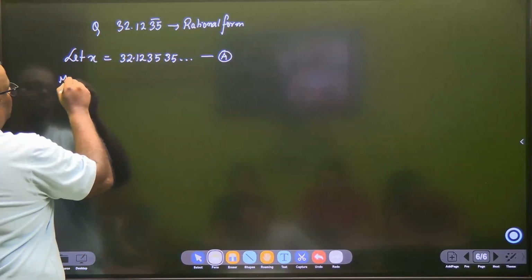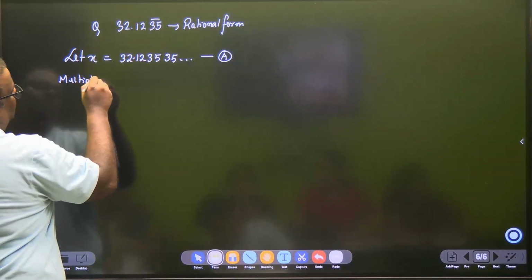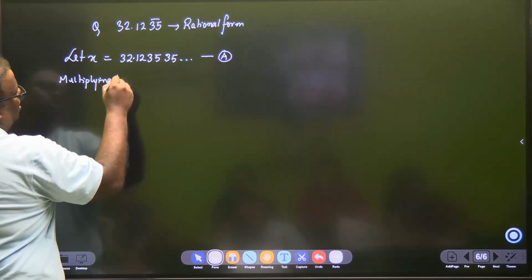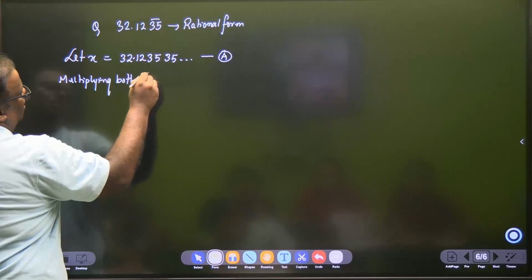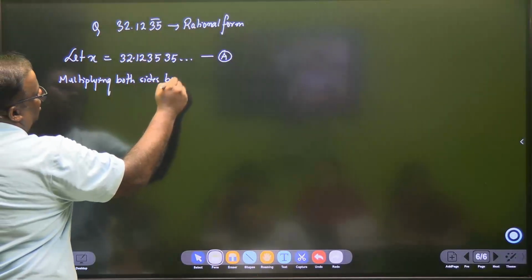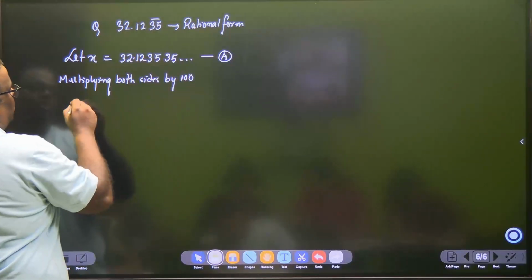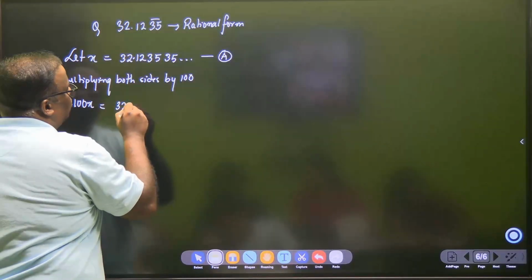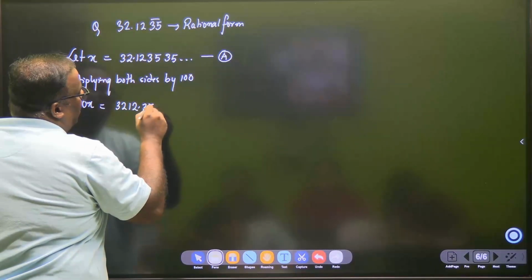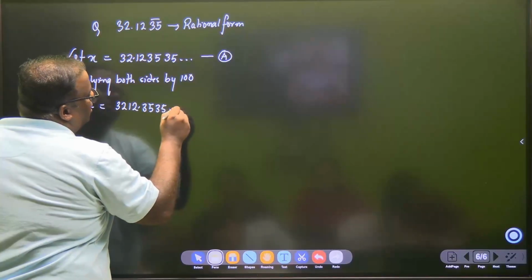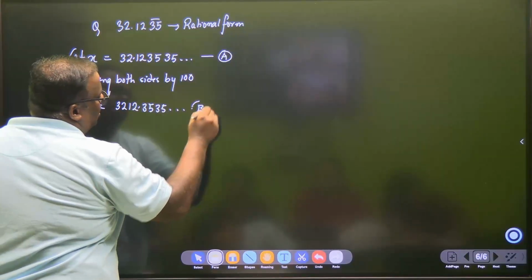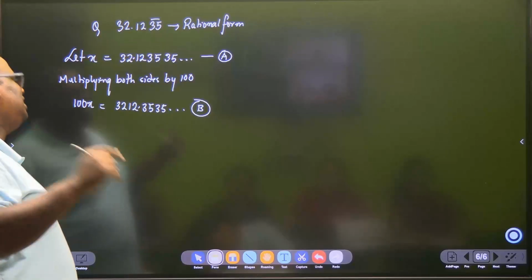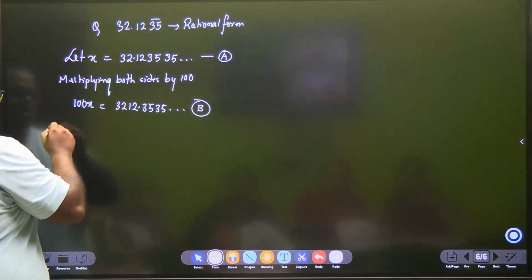Multiplying both sides by 100, you get 100x, which is equal to 3212.3535. You all are actually doing everything correct. At the very baby steps, you are doing wrong.